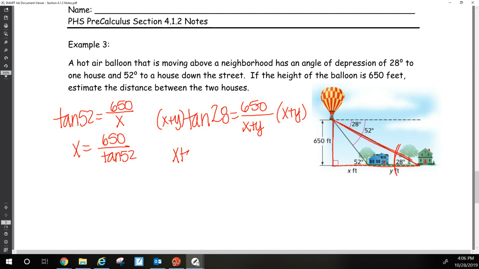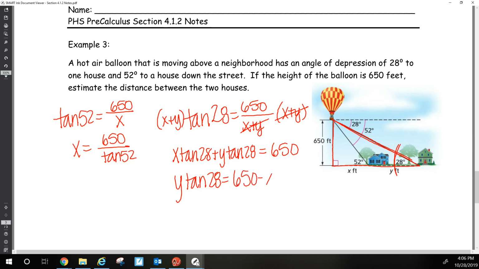Here I get x tan 28 plus y tan 28 is equal to 650, because these guys can swap. I'm trying to get y by itself, so I'm going to go ahead and subtract this guy over here. So y tan 28 is equal to 650 minus x tan 28. And then to get y by itself, I'm going to divide off tan 28.